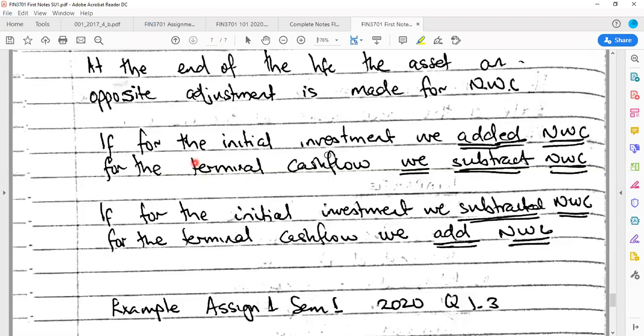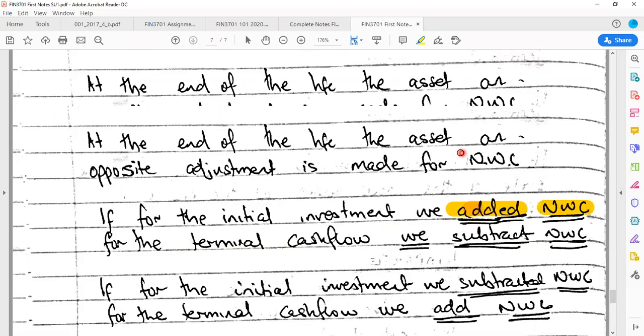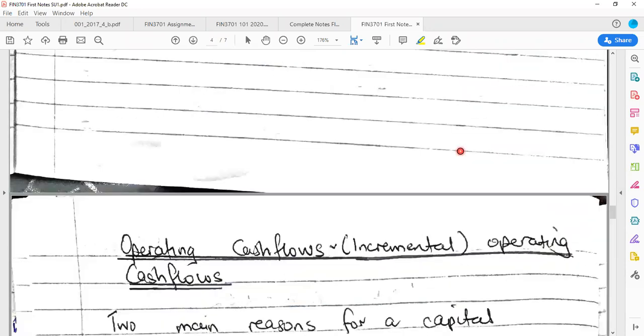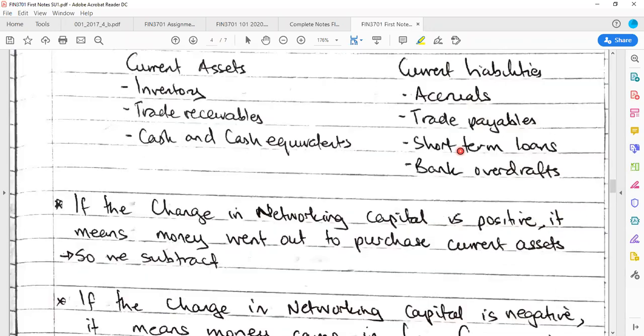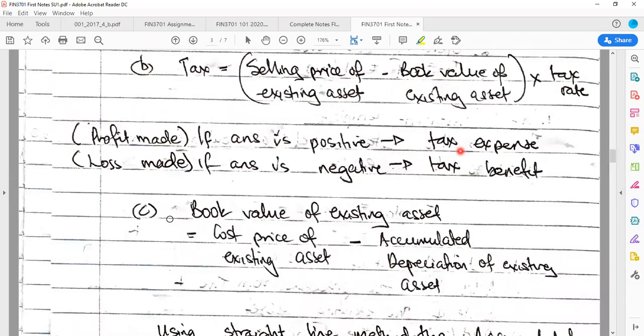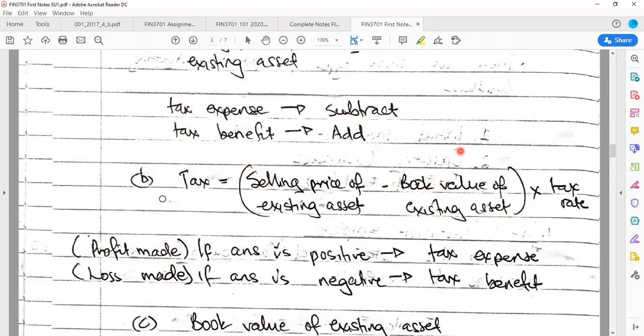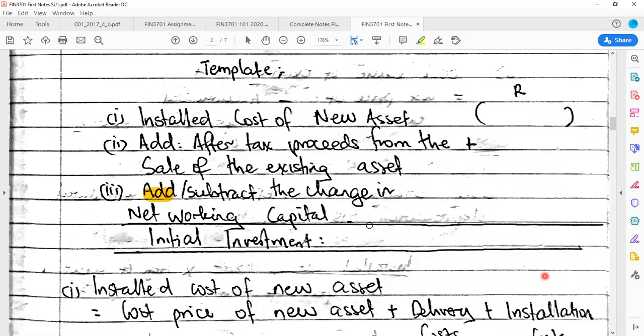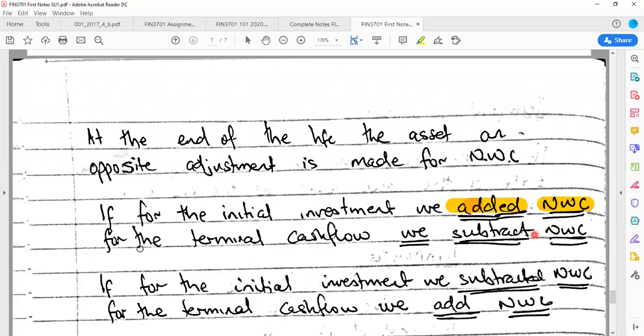Therefore, if for the initial investment we added the change in net working capital, then for the terminal cash flow we subtract.